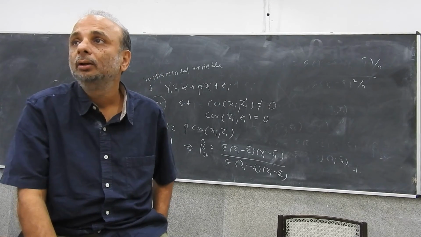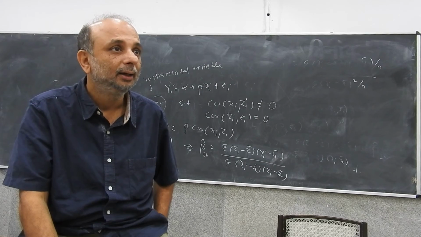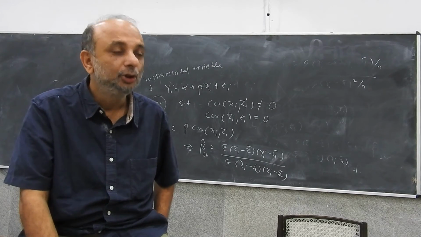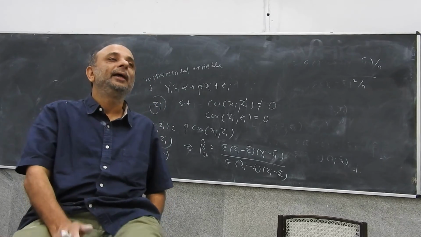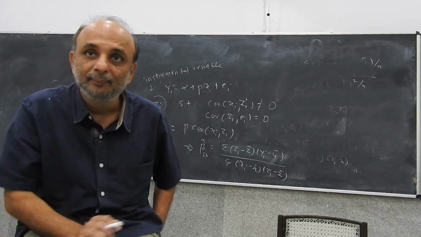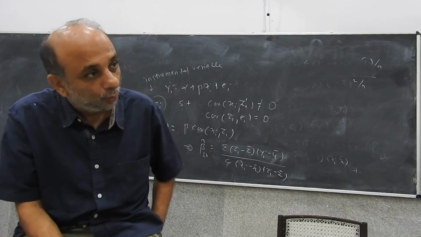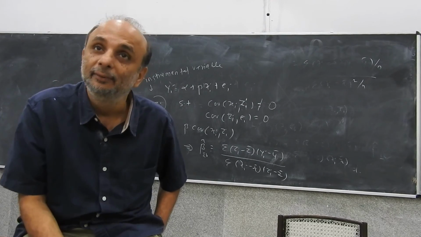But you want to find an estimator of beta, so you want to find a way around that. In order to do that, we find the variable Z, so that Z is correlated with X but not correlated with E.